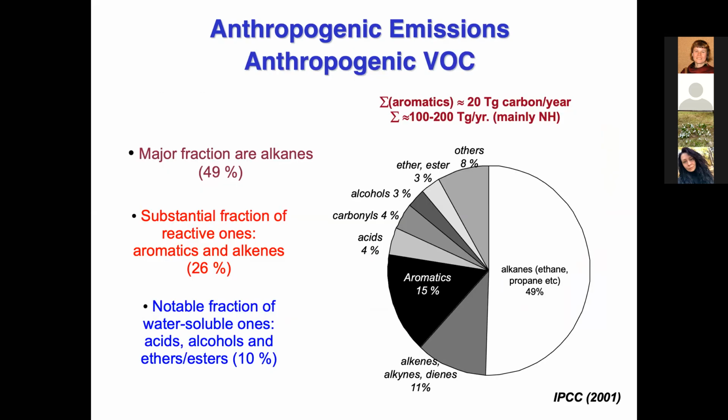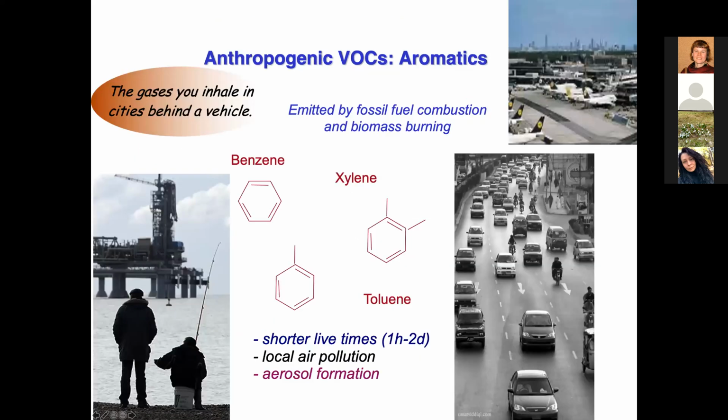Like the biogenic VOCs, we also have anthropogenic VOCs, and here we see that alkanes play a major role, and we have alkenes, carbonyls, alcohols, and aromatics. Aromatics are a class of compounds which are very important for us when we talk about aerosols, because they have quite high aerosol yields.